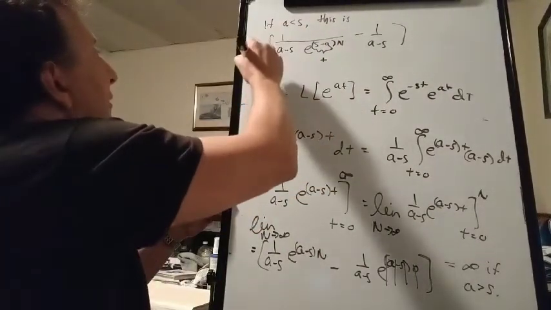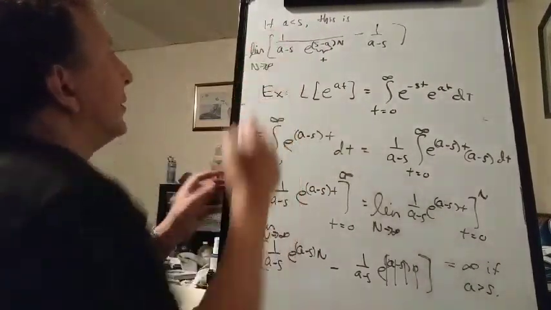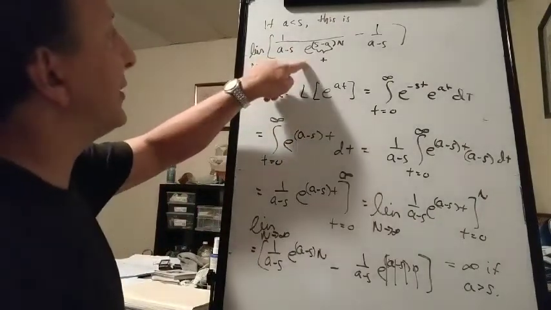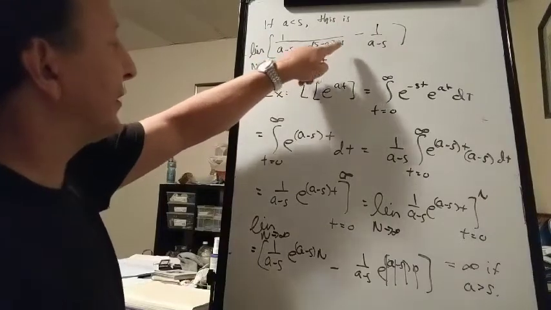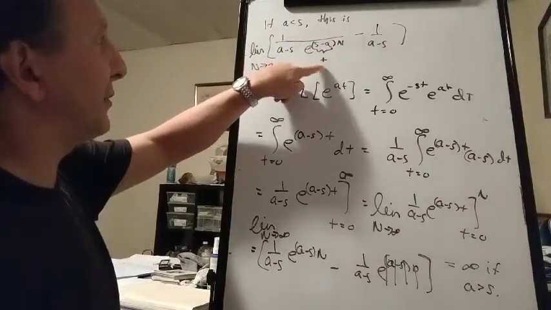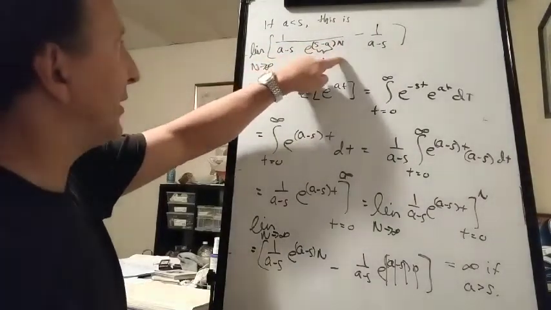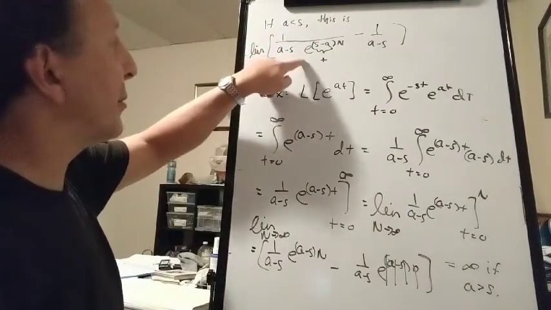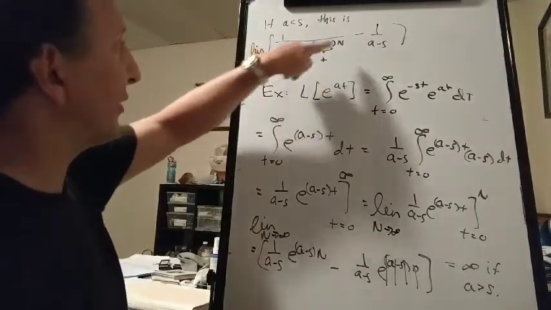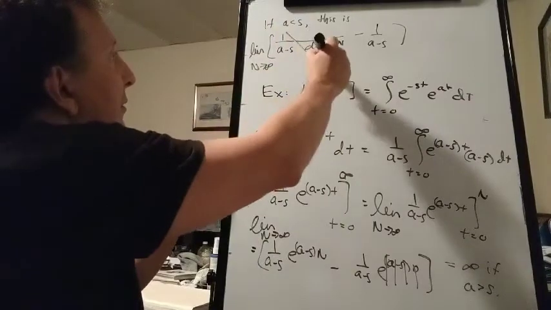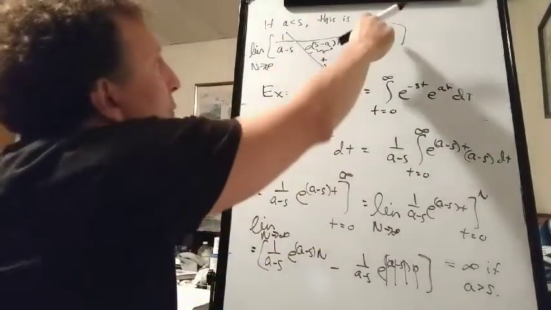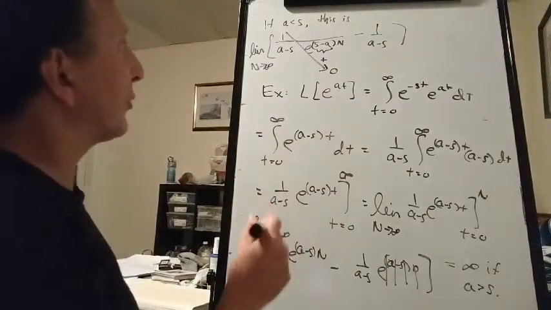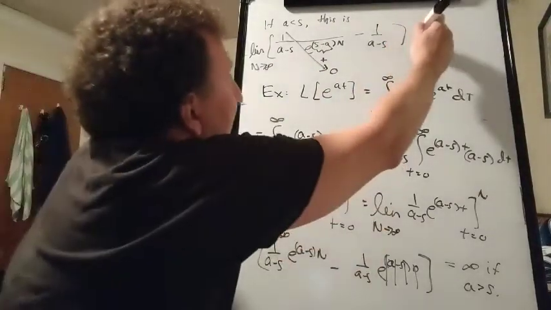We're taking the limit of this as n goes to infinity. As n goes to infinity, e to the s minus a n is going to go to positive infinity, because this is a positive number times n. So we're dividing by a number that's going to infinity, so the first fraction goes to 0. Which leaves us just with the negative 1 over a minus s, which we could write as 1 over s minus a.